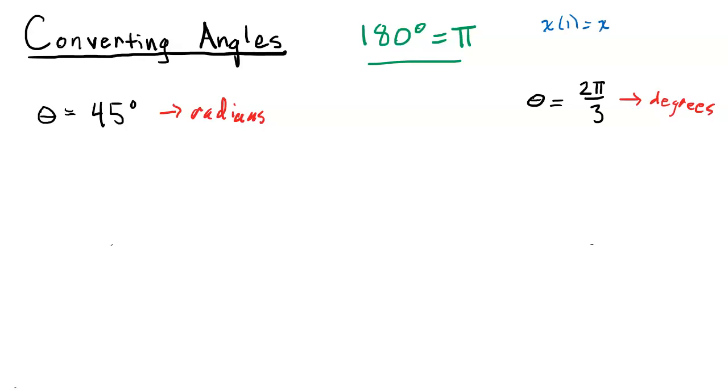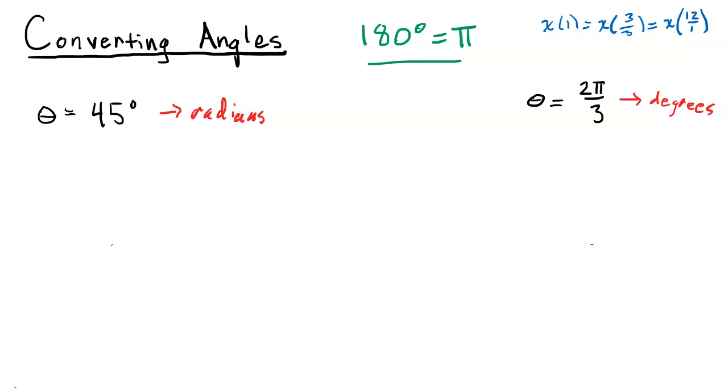But this 1 can take any form that you want. It can be 3 over 3. If it's different measurements, like 12 inches and a foot, we could multiply by 12 over 1 if this is in feet, and we'll get the answer in inches. So that's how we're going to use this relationship.